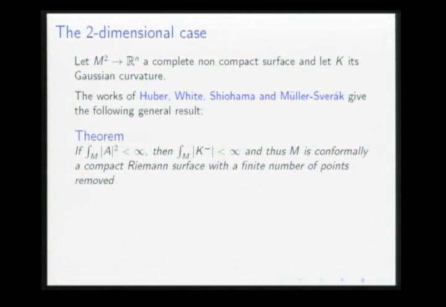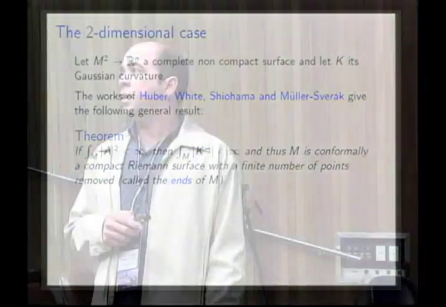If this integral is finite, then of course the negative part of the Gaussian curvature is finite, and thus the surface is conformally a compact Riemann surface with a finite number of points removed. These points are called the ends of the surface.